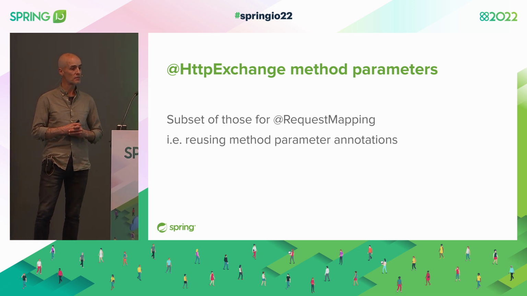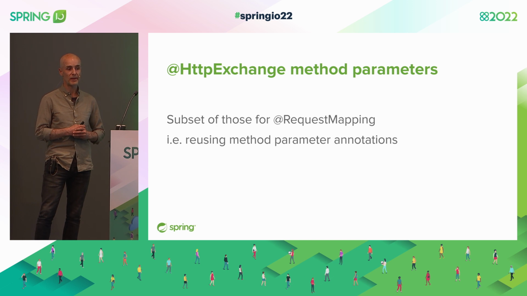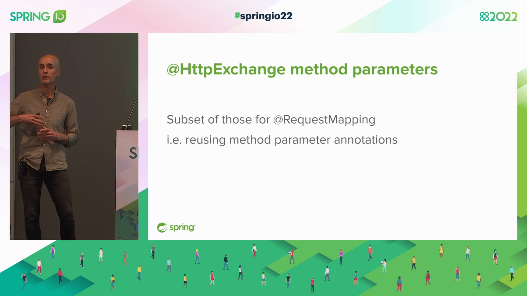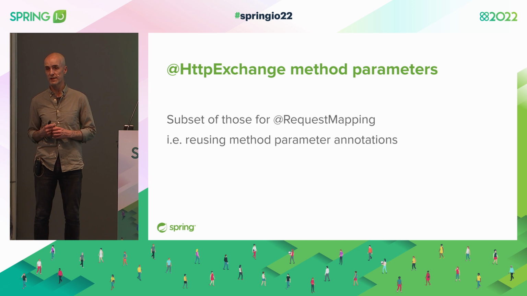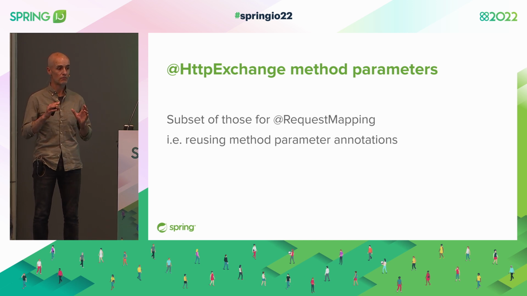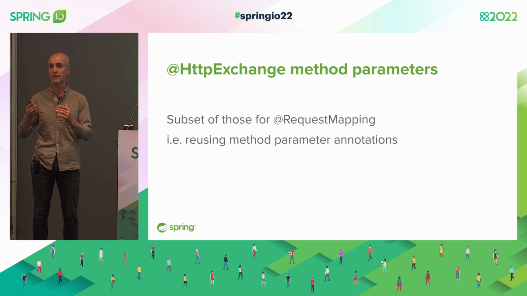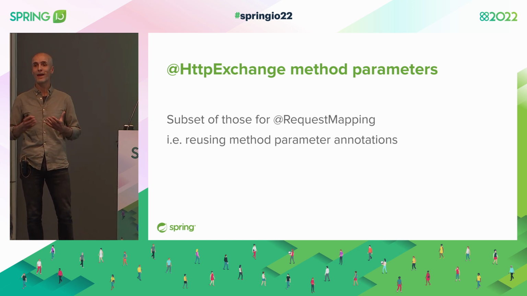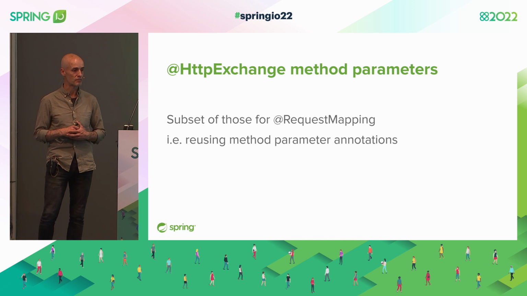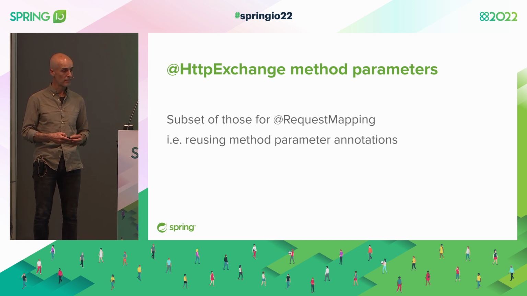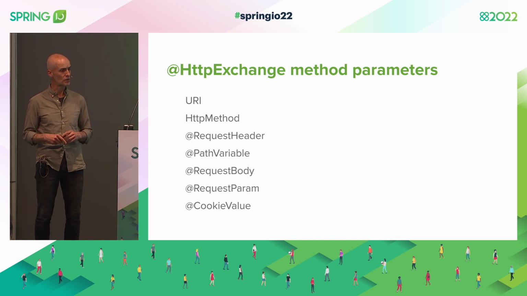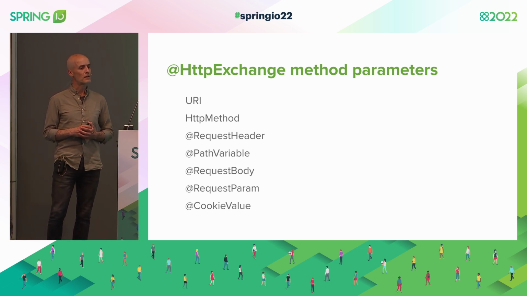So in terms of method parameters, it's basically a good story because we're reusing what you can do with request mapping methods. But it is a subset. Not everything applies. But it's nice that it is a subset and things that you already know can be reused for this purpose as well. Just a new mapping annotation, a new method level annotation. And these are the ones that we support at the moment.